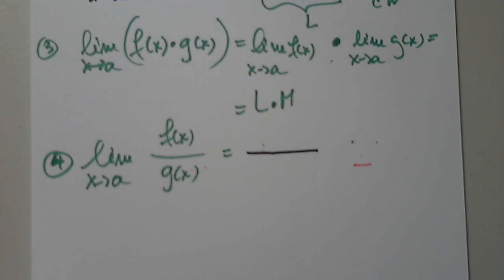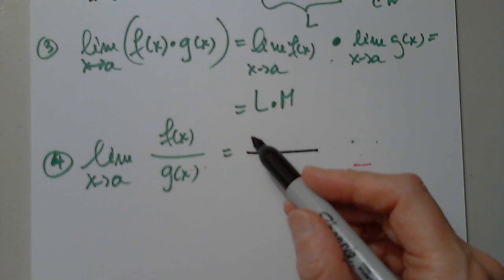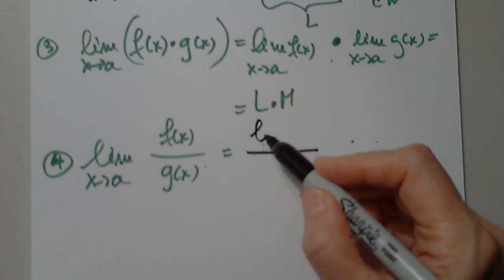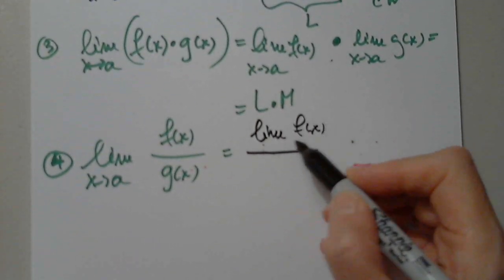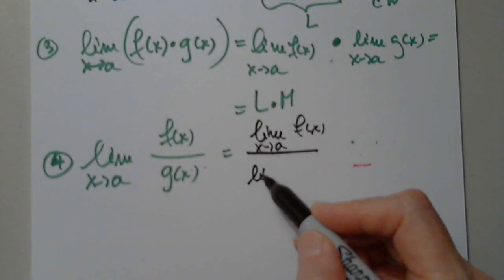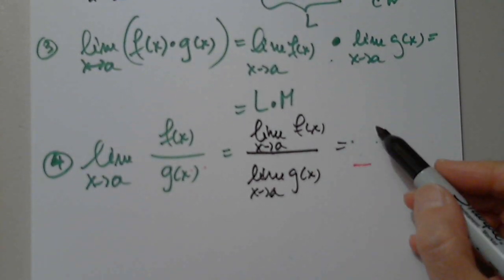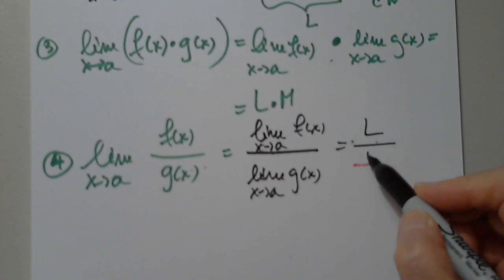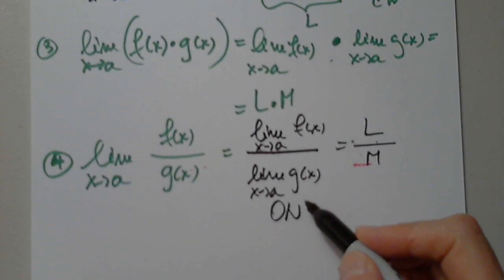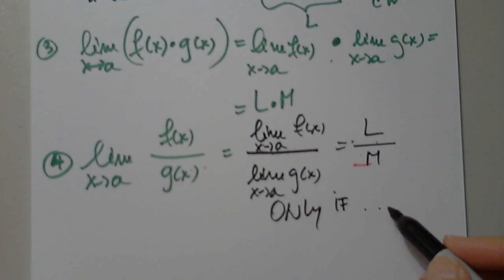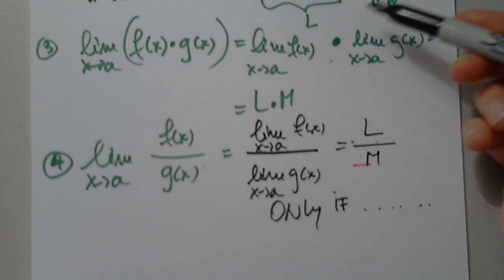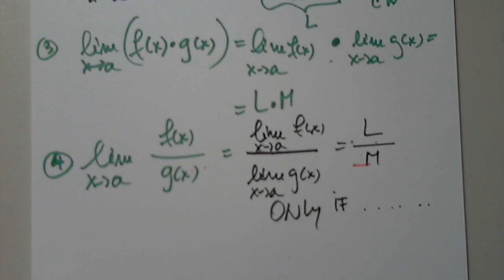Would it be L over M? Yes, but we have to write the limit of f(x) and the limit of g(x) as x approaches a for everyone to see, of course. It is indeed L divided by M, only if, I never said only if in any of the other situations, but I have to say it now. And why do I have to say only if?